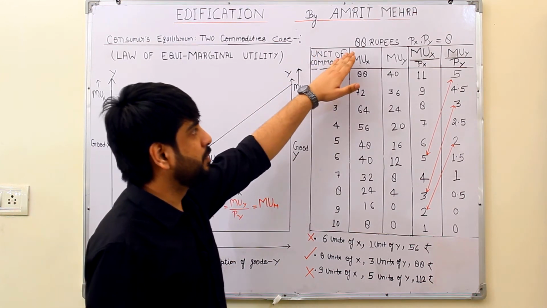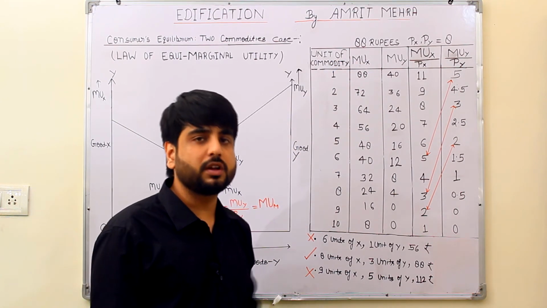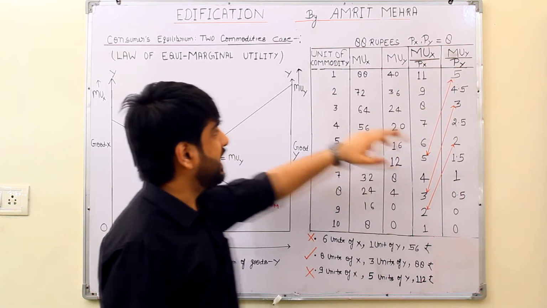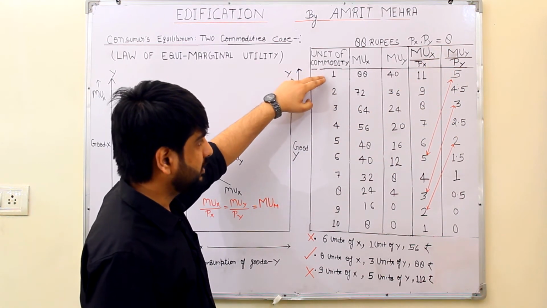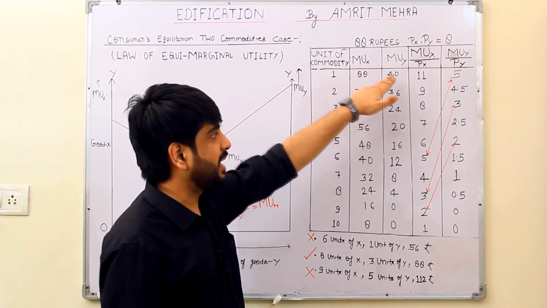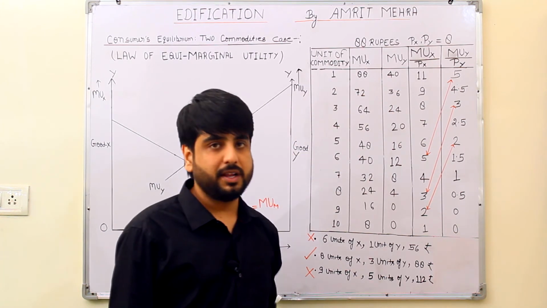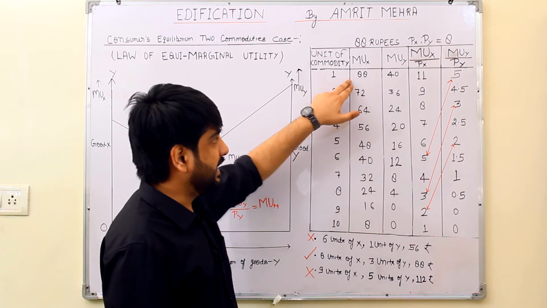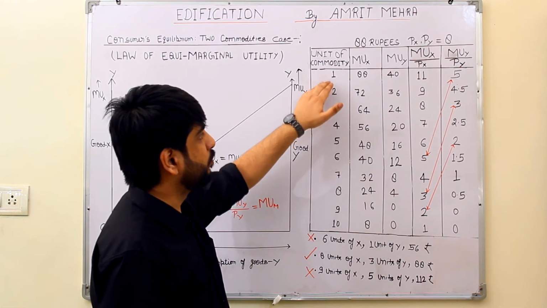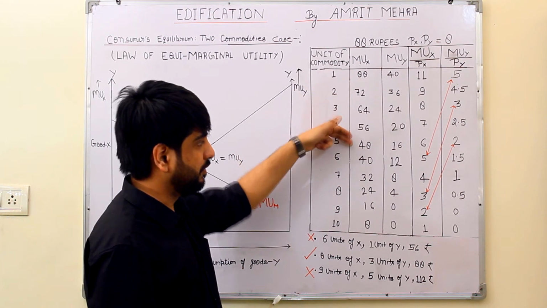Let's assume that the consumer has 88 rupees with him and the price of commodity X or commodity Y is same, that is 8 rupees. We are increasing the consumption and increasing the units from 1, 2, 3 and so on. This MUX and MUY, 88 and 40 are random values. 88 is the utility that we are getting from consuming 1 unit of a commodity. 88, 72, 64, 56.